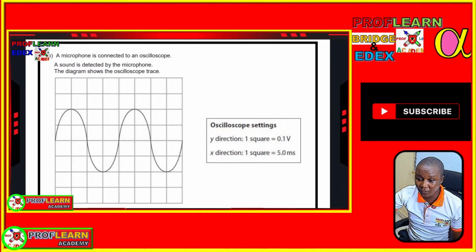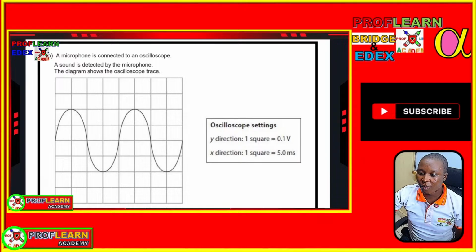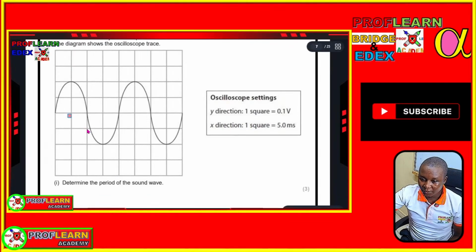Once you've identified that, we are going to look at how many boxes make one complete cycle. We count the number of boxes that gives us a complete cycle so that we can work out the time period. In our diagram, one cycle is after 1 2 3 4 boxes.